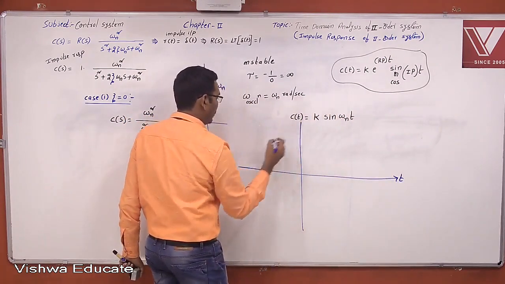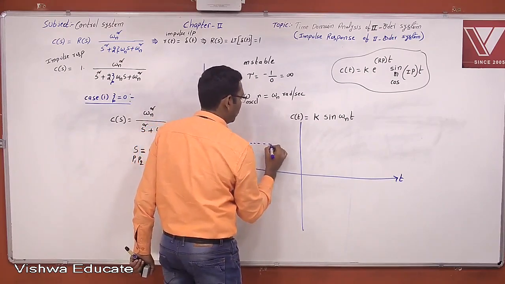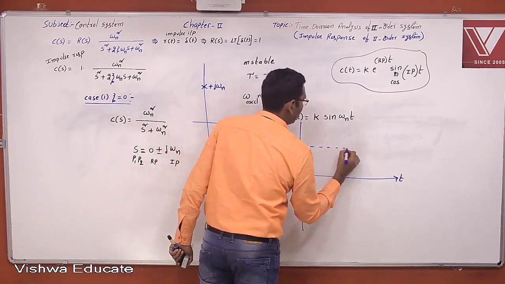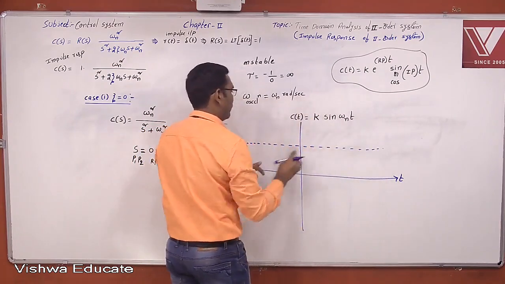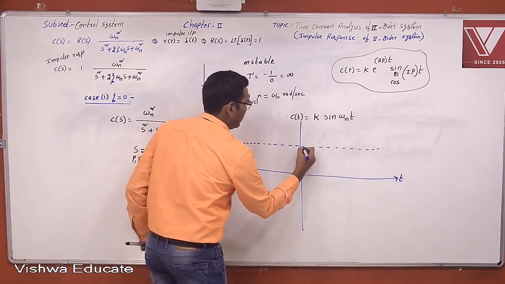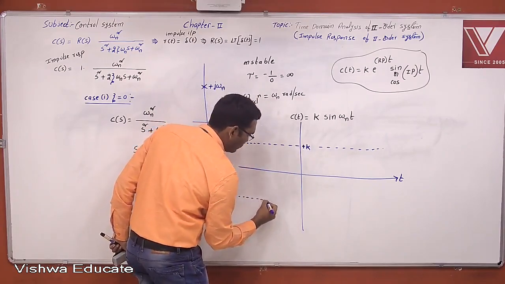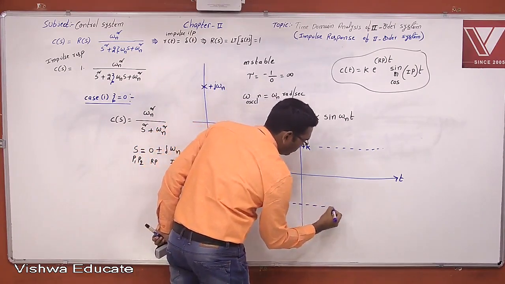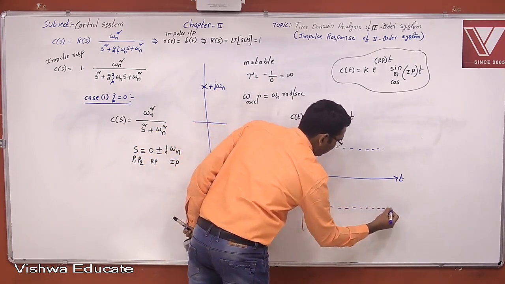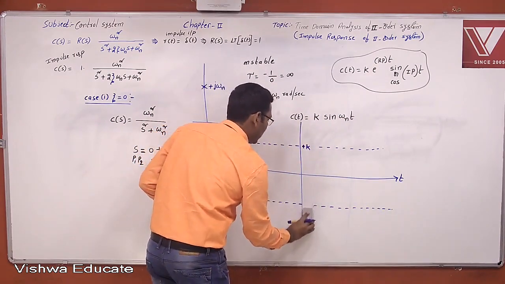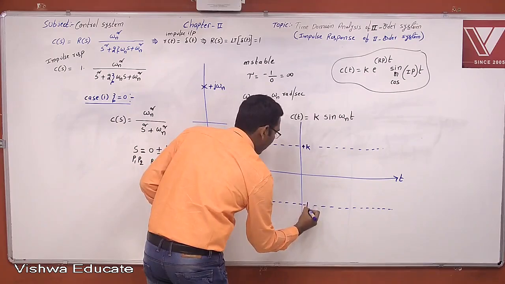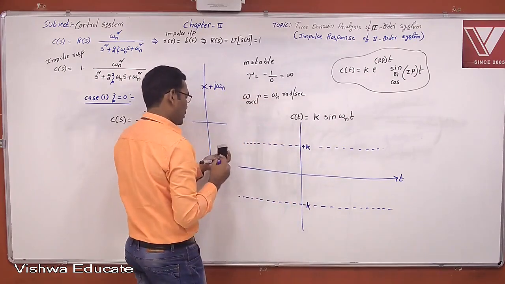Now peak amplitude is plus k. Let us assume plus k. Minimum amplitude is minus k. Peak to peak amplitude is 2k.